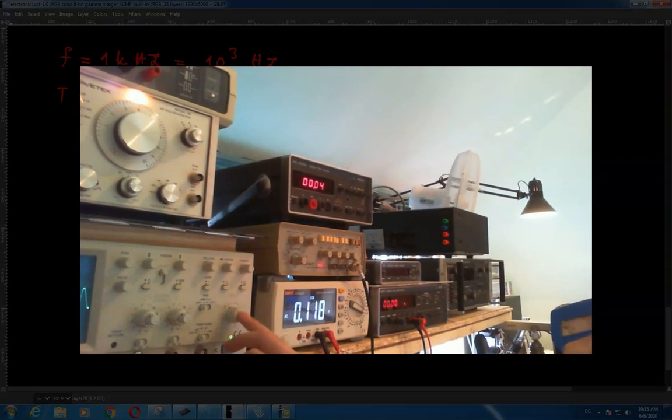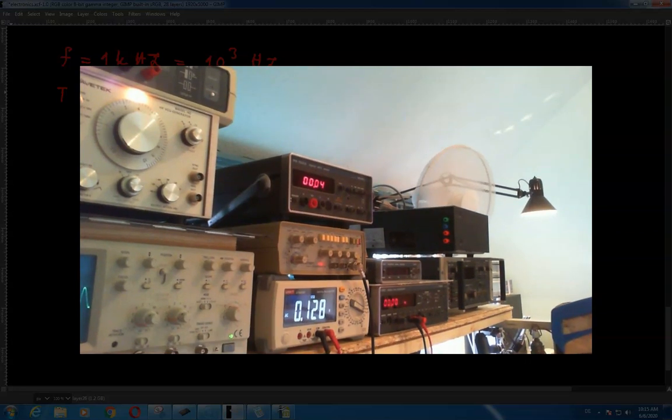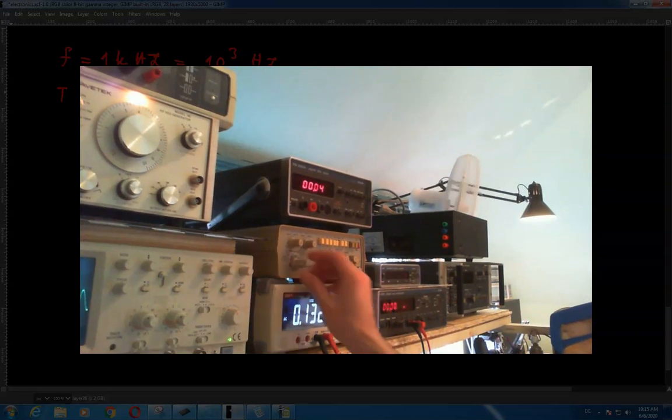So over here I have 0.5 milliseconds. So that means that one complete cycle has to occur in 1 millisecond. 1 millisecond would be something like this.